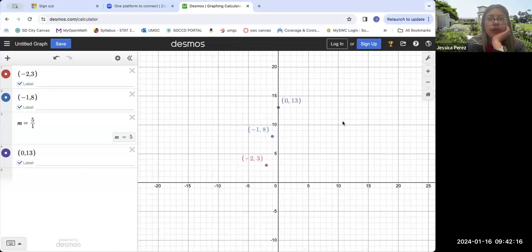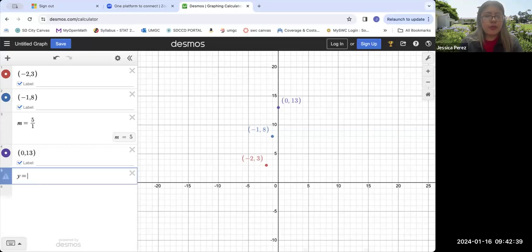Let me label, and I want to be able to connect the dots. So then I know that my y-intercept b is equal to 13. So my equation is going to be y equals 5x plus 13.